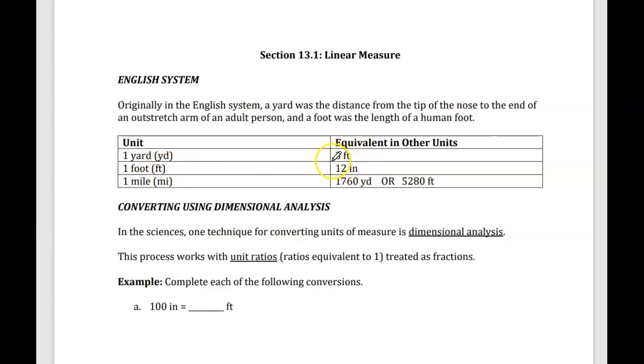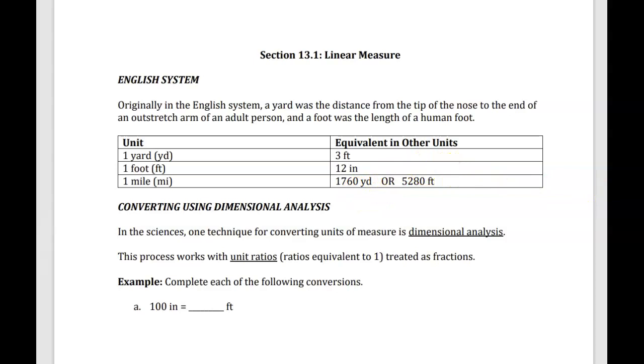There are 3 feet in 1 yard. Many of us may not realize that there are 5,280 feet in 1 mile, which is the same thing as 1,760 yards in 1 mile.